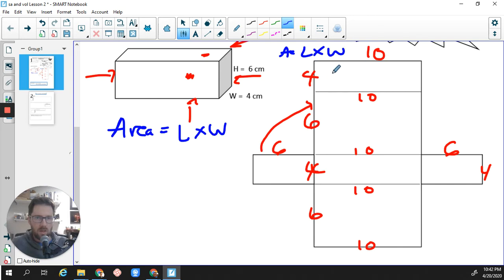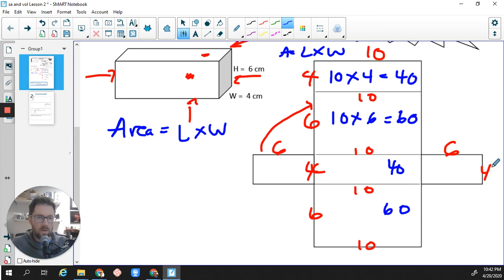So we're going to go 10 times 4 equals, that's right, 40. Then we're going to go 10 times 6 equals 60. Delightful. Then we're going to go 10 times 4. We already know it from up there, so you don't need to rewrite it. And we already know 10 times 6 from before, so that's going to be 60.